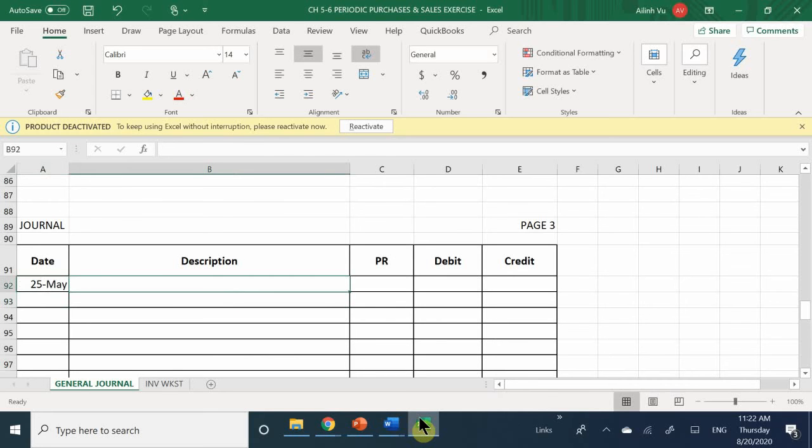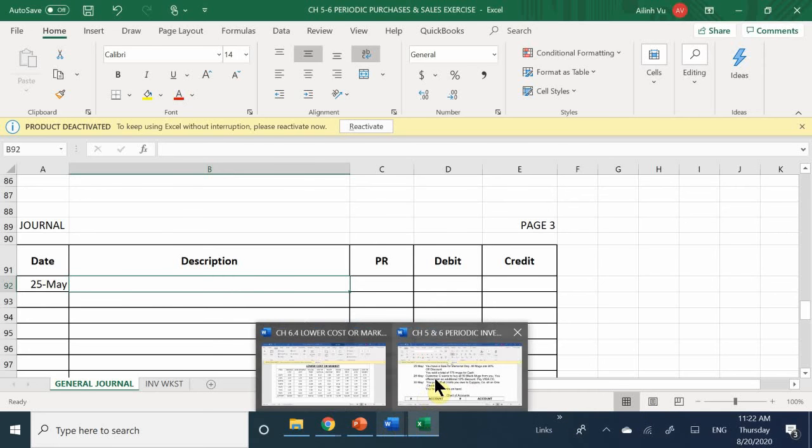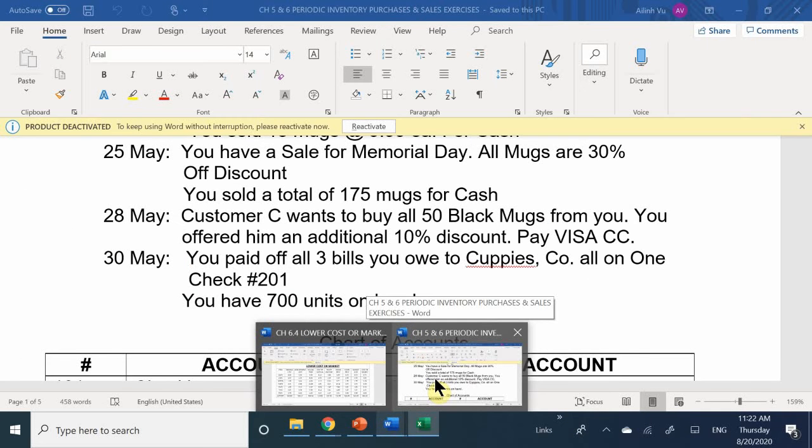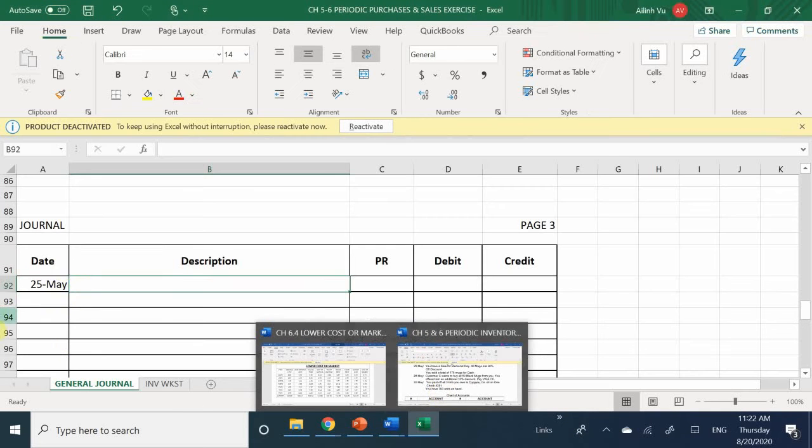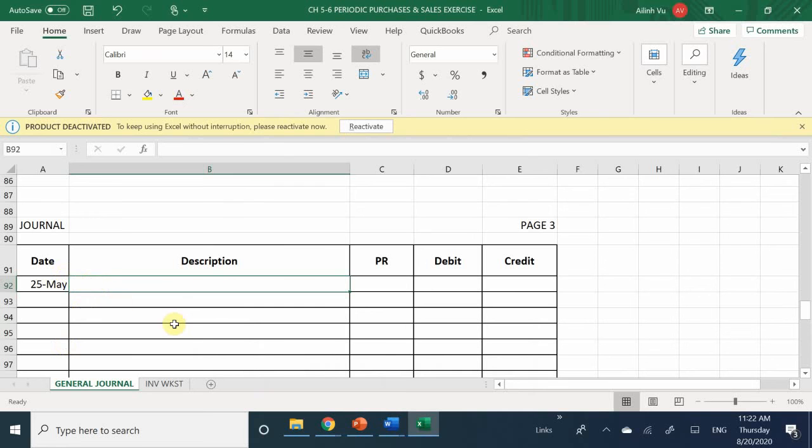Yes, when we calculate our sales, it's going to be based off the original price. And the original price that we've been selling our mugs at was $9.99, right? Yeah, I was just making sure, because it didn't say it right there. Okay. This would be cash, and then we would do sales discount, sales tax. Okay, so we do cash, yes.